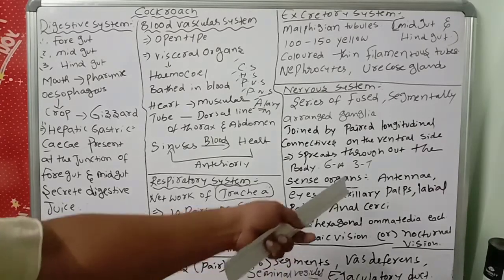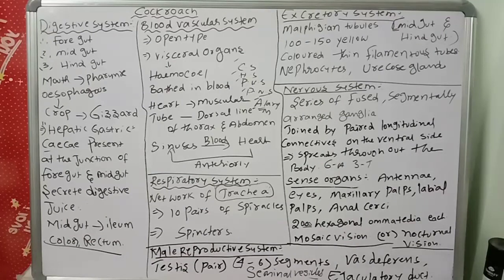And maxillary palps, labial palps and anal cerci also act as sense organs. Especially what kind of vision? That is called mosaic vision: many ommatidia, many images. That is the reason cockroaches show mosaic vision.